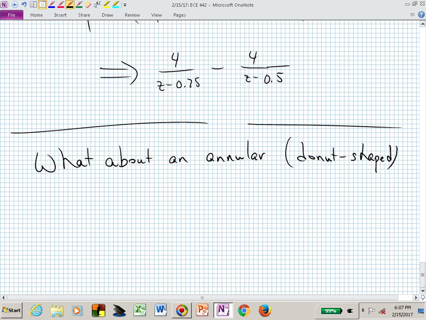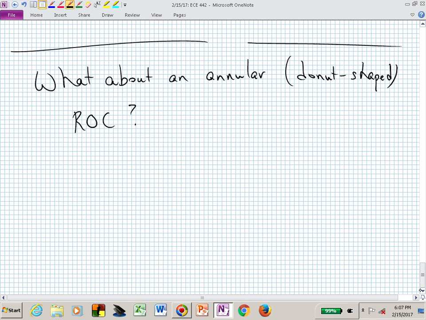Maybe my region of convergence is annular, or donut-shaped, or bagel-shaped. What if I had the following z-plane sketch? Suppose I had a pole at 1/2 and a pole at 3.